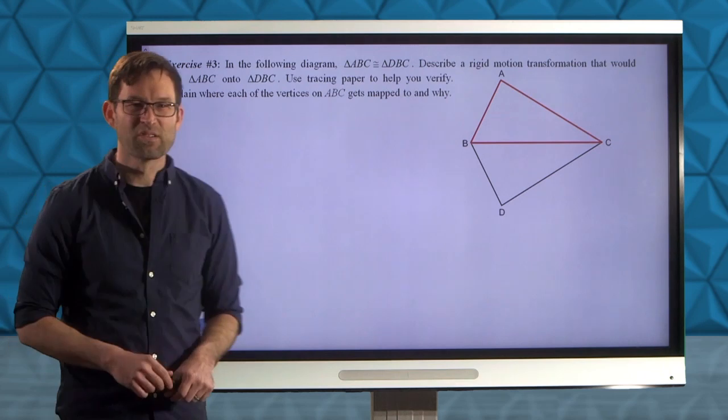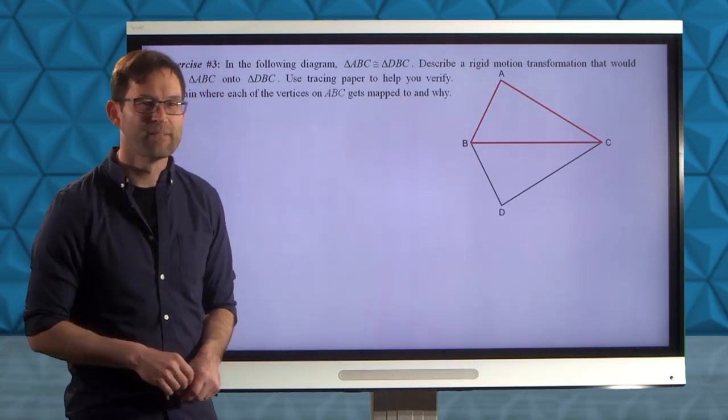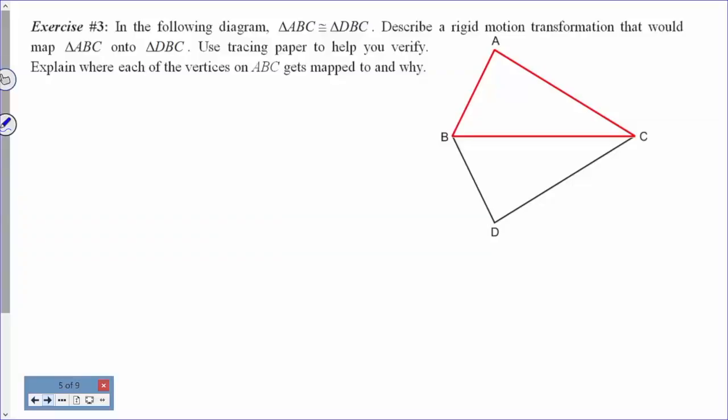All right, exercise number 3. Let's take a look. In the following diagram, triangle ABC is congruent to triangle DBC. Describe a rigid motion transformation that would map ABC onto DBC. Use tracing paper to help you verify. Explain where each of the vertices on ABC gets mapped to and why.